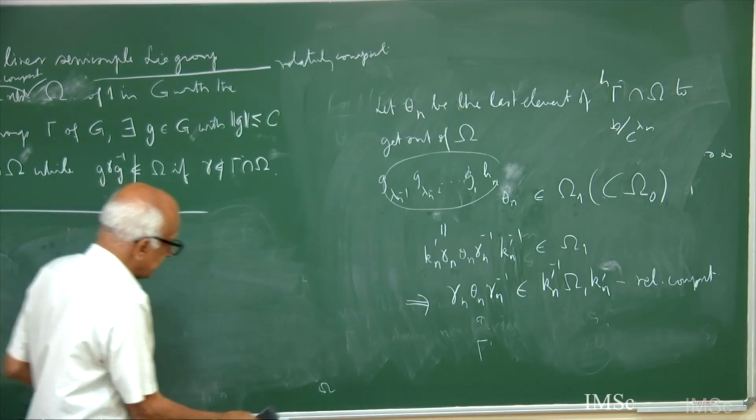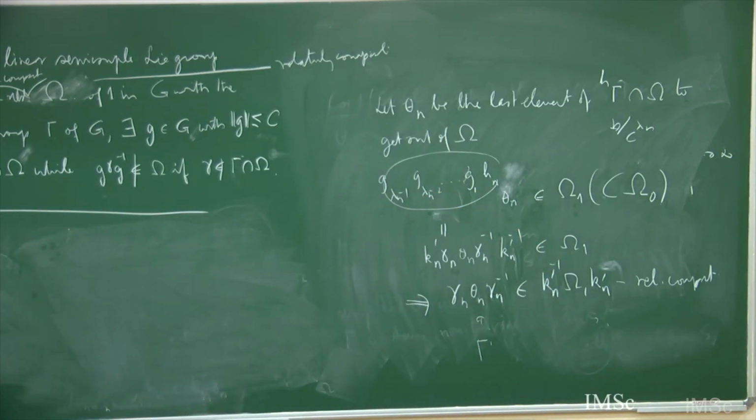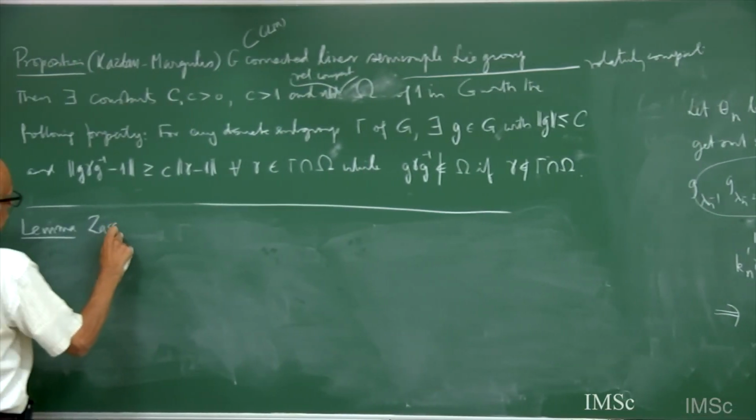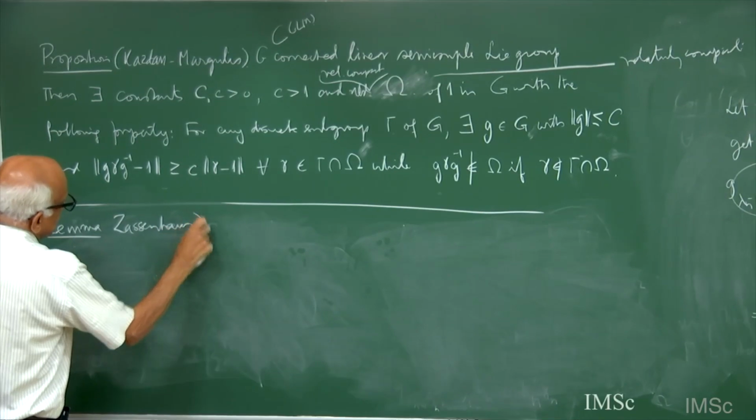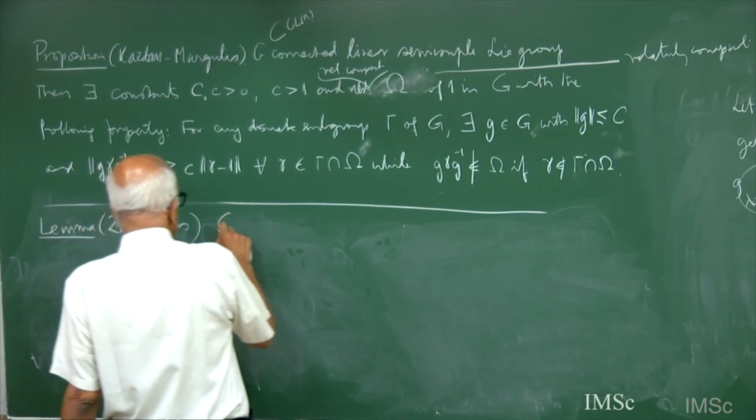The idea is this: it depends on a lemma which is essentially due to Zassenhaus. It says the following: let G be any Lie group.